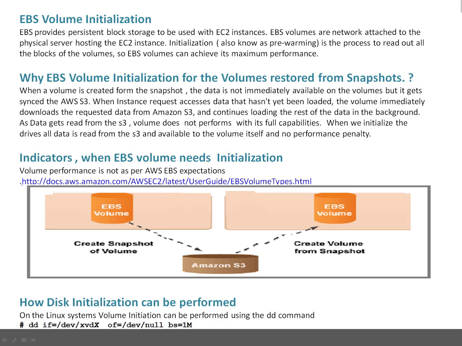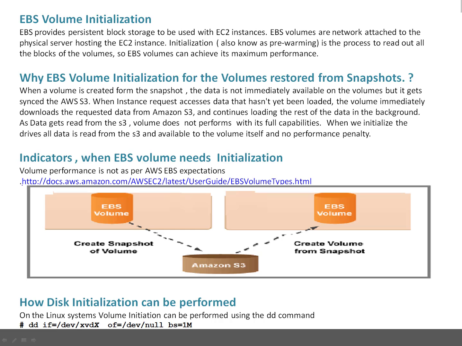Let's suppose you request some data which is on S3 at present. Basically, that data is not synced to the local volume which you created or restored from the snapshot. Then what will happen? The instance will directly start reading from S3. It will not read locally because that data is not synced yet on the local volume from the S3.